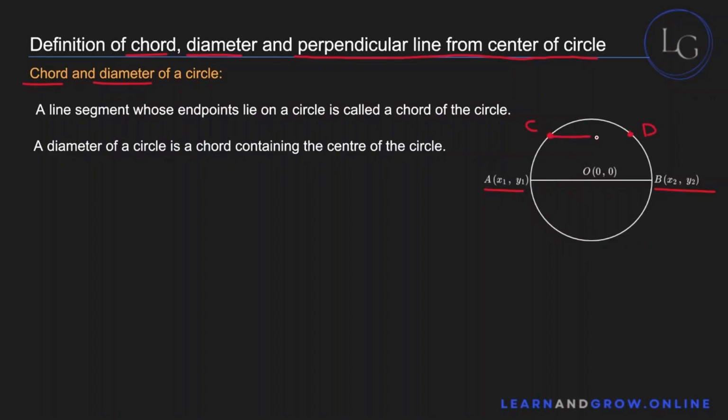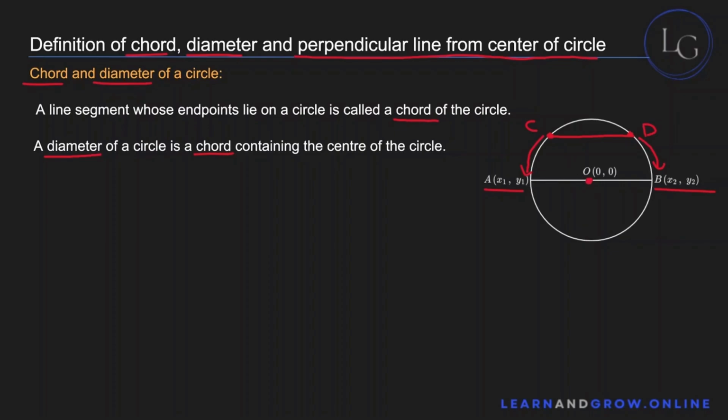If you draw a line connecting these two, you can see that it does not contain the center of the circle, which is this point O. But if you extend C down to A and D down to B, it will contain the center of the circle. So this line CD is a chord, yet the line AB is a chord, but it's also the diameter of the circle, because it contains the center of the circle.